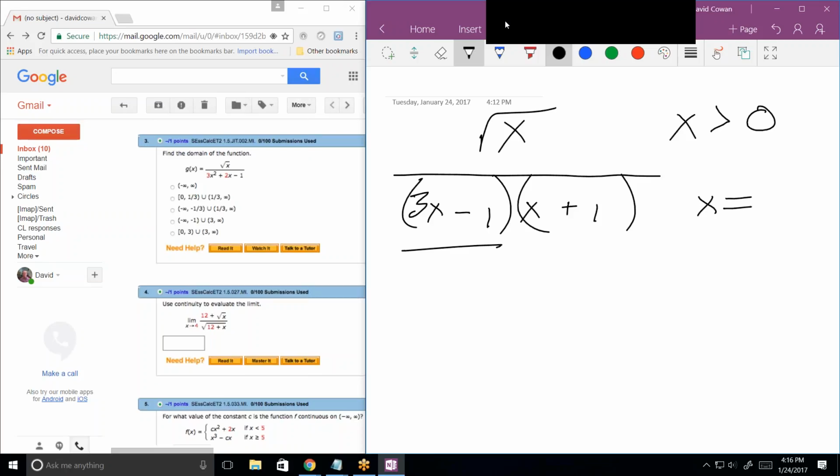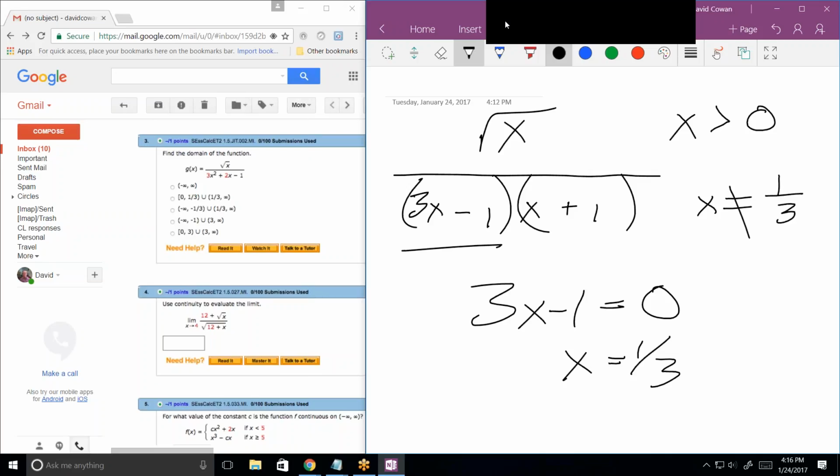No, if x were 0, that would be -1. So what you do is take that factor, set it equal to 0 and solve it, and you end up getting x equals 1/3. So x cannot be 1/3, because if x were 1/3, we'd be dividing by 0.